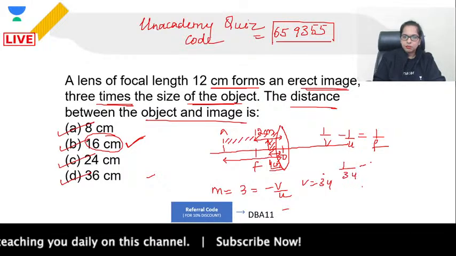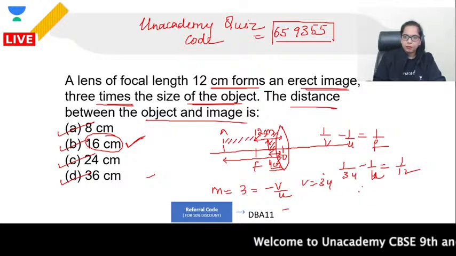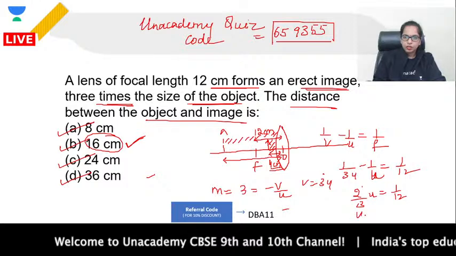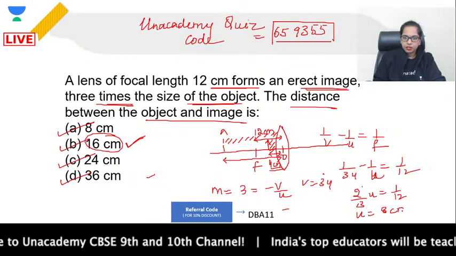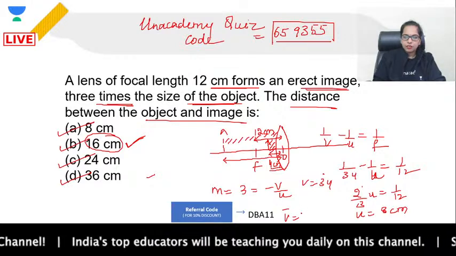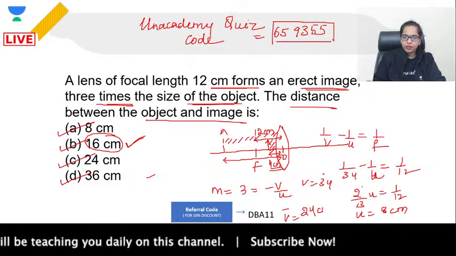1 by 3u minus 1 by u is equal to 1 by 12. Taking the values over here, so how much will it be? 2 by 3u will be equal to 1 by 12. u will be equal to how much? 8 centimeters. Now put this over here, you will get the value of v as 3 8s are 24, right, 24 centimeters.